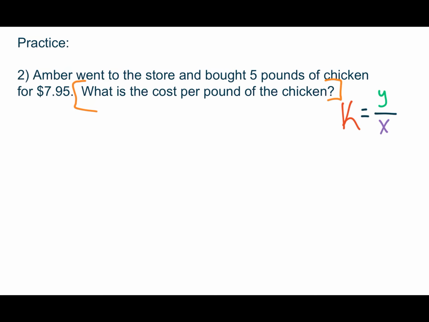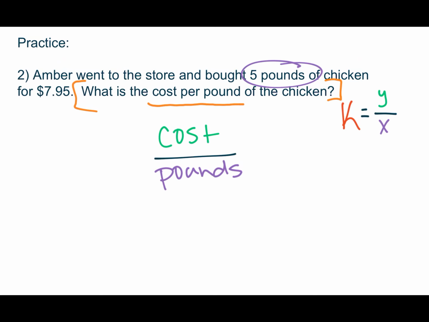So in our question, it tells us we're looking for the cost per pound. So the cost is going to be what goes in my numerator, and pounds are going to be what go in my denominator.